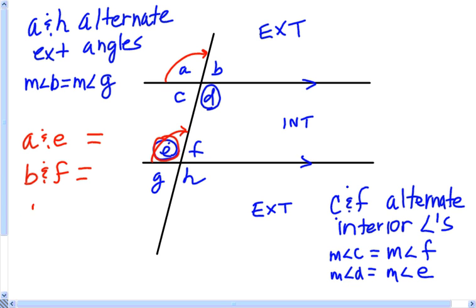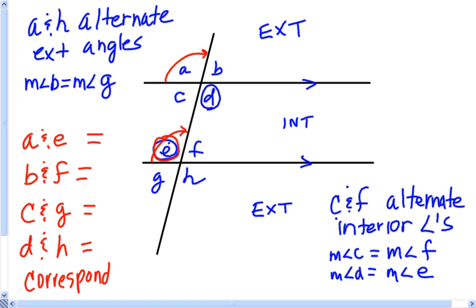C and G are equal. These are all congruent pairs. And D and H are equal. All those in red are known as corresponding angles. So corresponding angles are congruent in a situation like this.